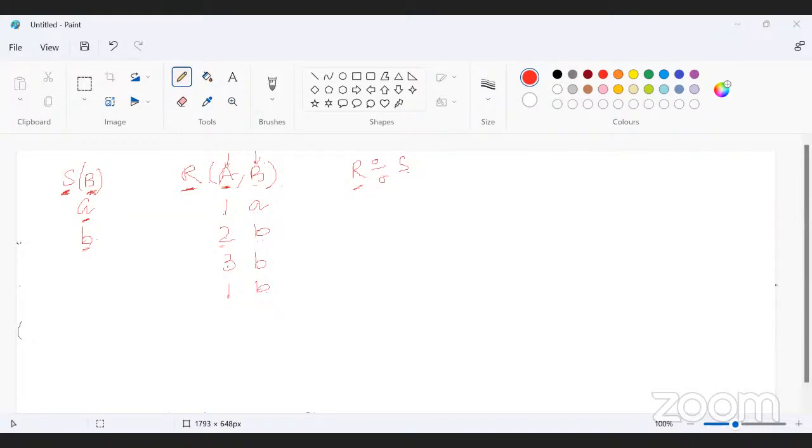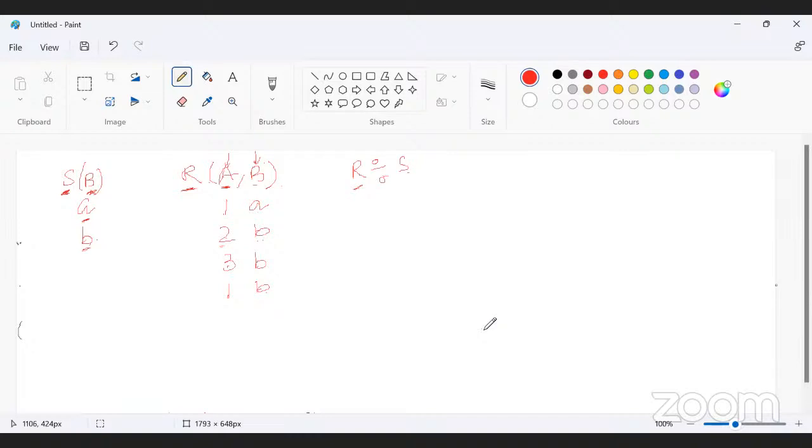In the slide, in the definition of the division, Y is a subset of the attributes of R. S is not a subset of R. It is given R of Z division S of X, perhaps. So X is a subset of Z.